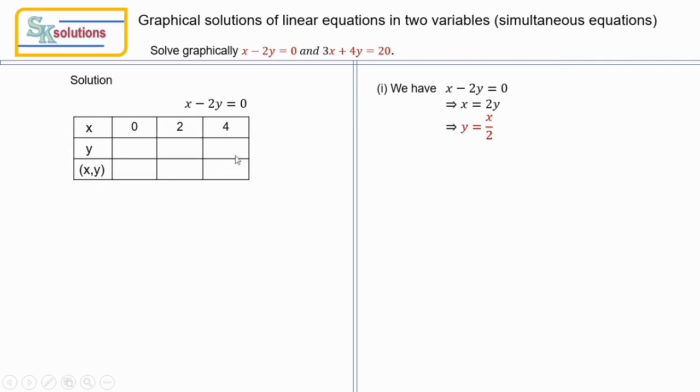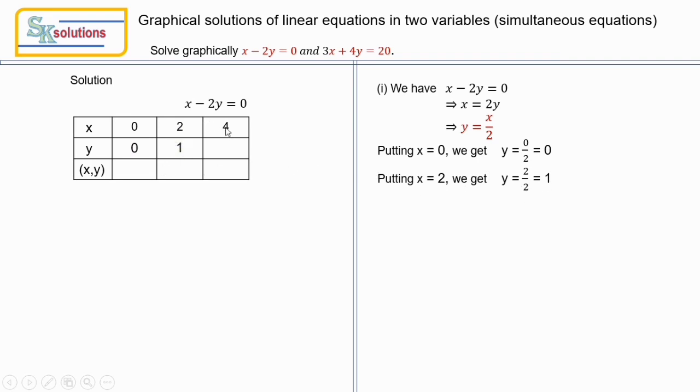Now we will take a few values of x, say 0, 2 and 4, and find the values of y and then the corresponding coordinates (x, y) for this first equation, x minus 2y is equal to 0. Putting x as 0, we get y is equal to 0. Putting x is equal to 2, we get y as 1.